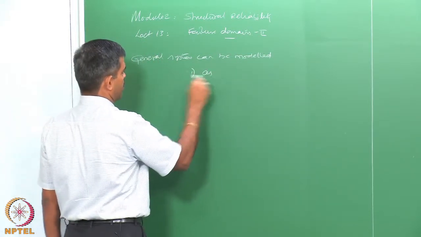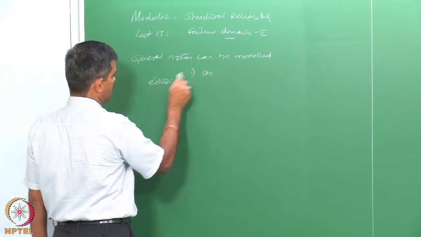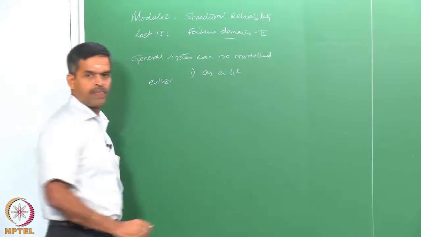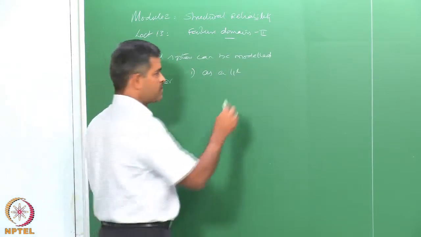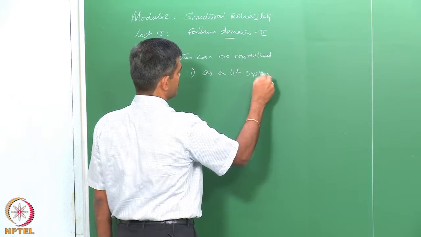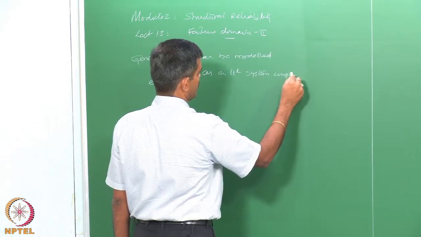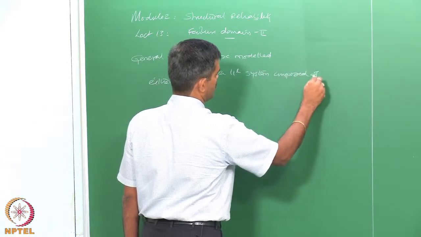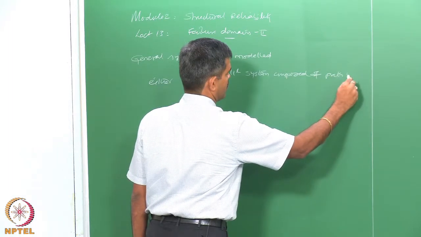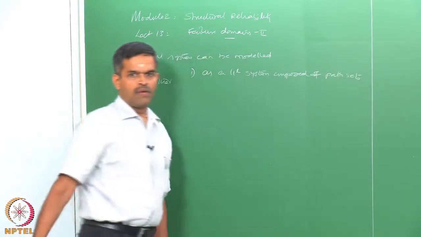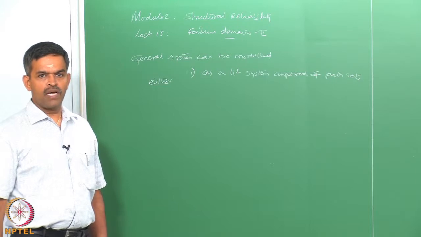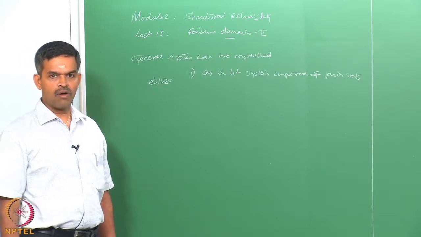So, a general system can be modeled either as a parallel system composed of path sets, with each path set acting like a subsystem of the components in series.